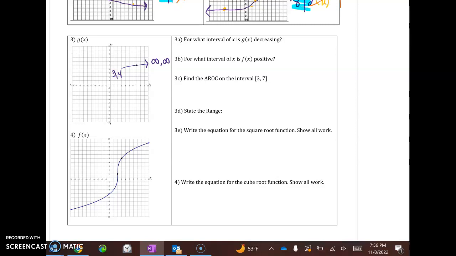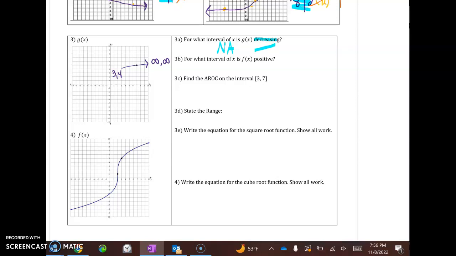So my first question, I want to know, where is this function g of x decreasing? And remember, we read a graph left to right, and this graph is actually not decreasing from left to right, it's increasing. So I'm just going to say not applicable. Don't leave a blank. Acknowledge that you understand that there is no decreasing. Where is it positive?